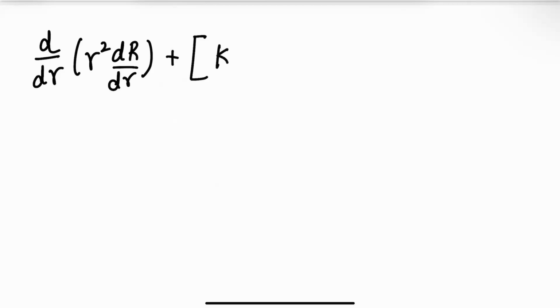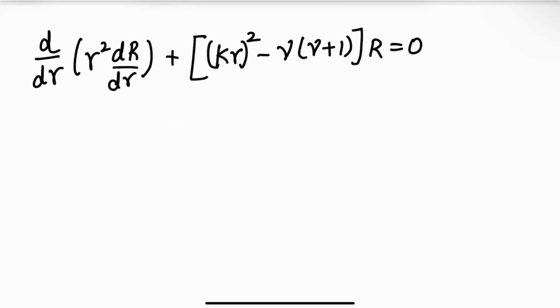So the final set of equations are: d over dr of r squared dR over dr, minus nu times nu plus 1, R equal to 0.